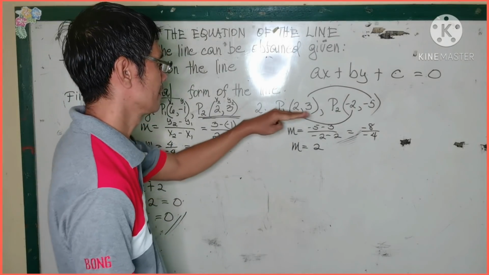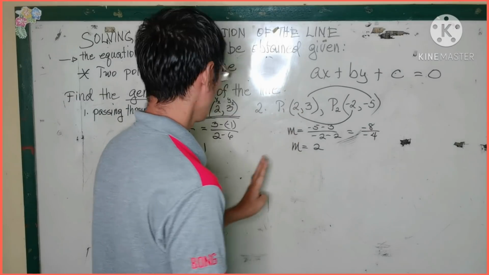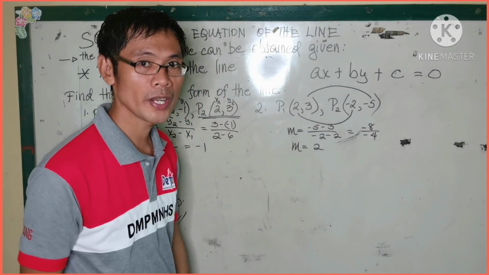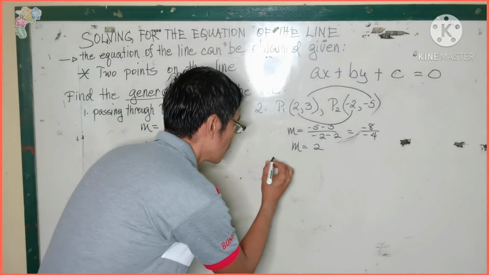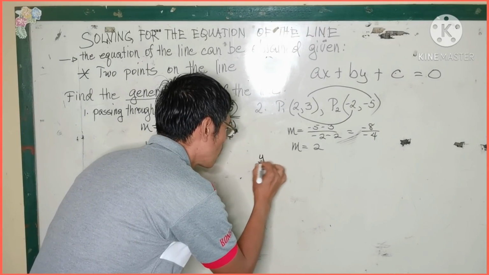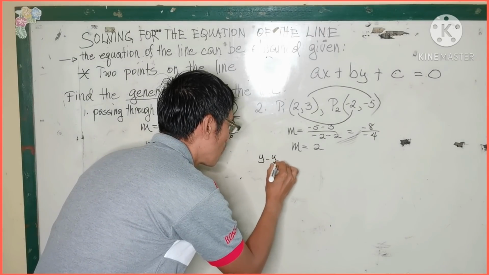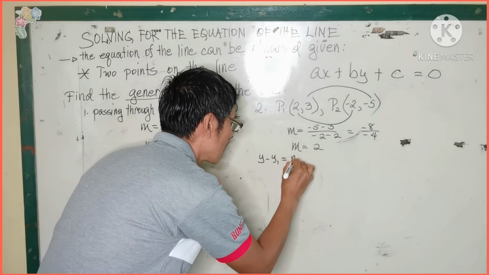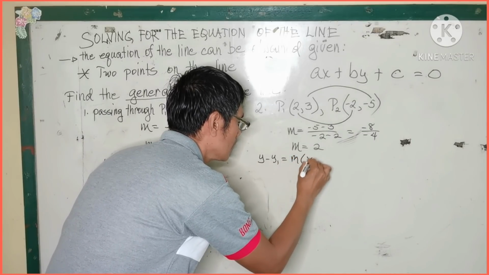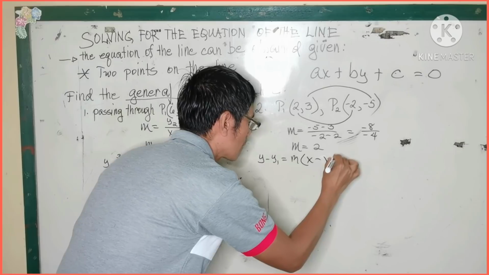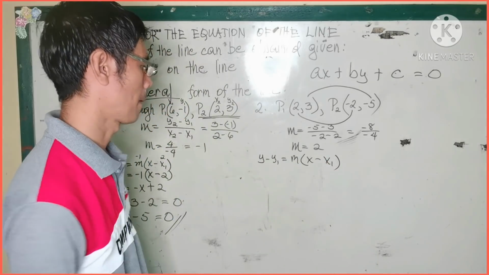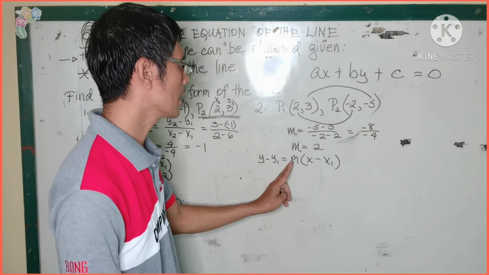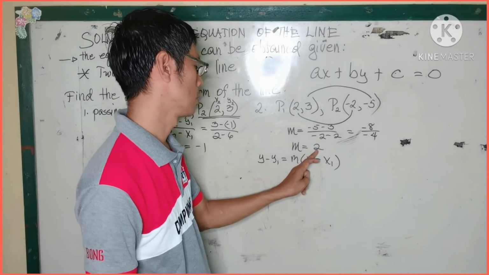So ngayon, we can now make use of the point slope form. What is the point slope form? That is y minus y sub 1 equals m times the quantity x minus x sub 1. So here, m is 2.